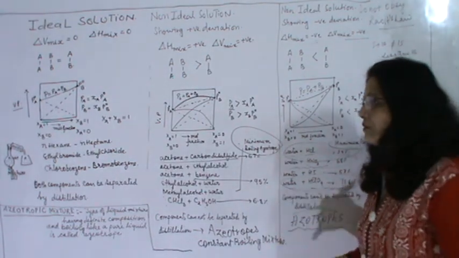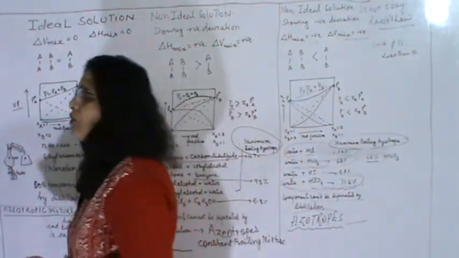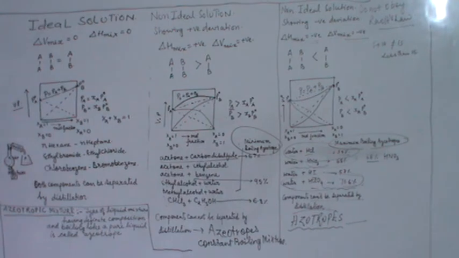So such mixtures are called azeotropic mixtures. They are formed from non-ideal solutions. Azeotropic mixtures cannot be separated by distillation. So this is about ideal and non-ideal solutions.